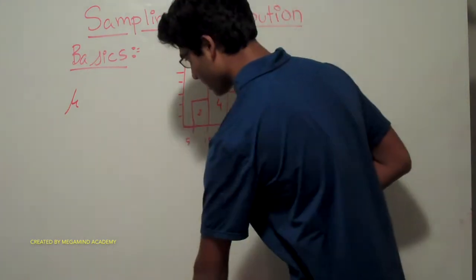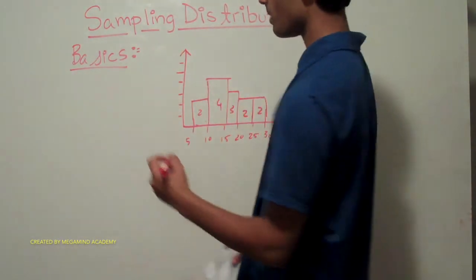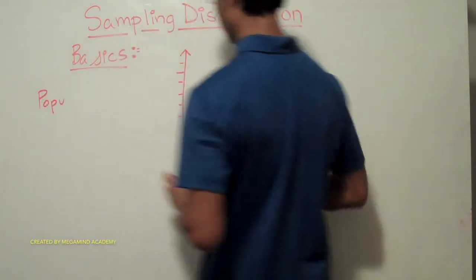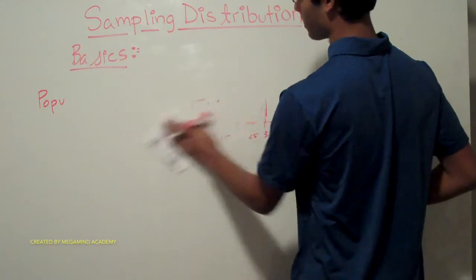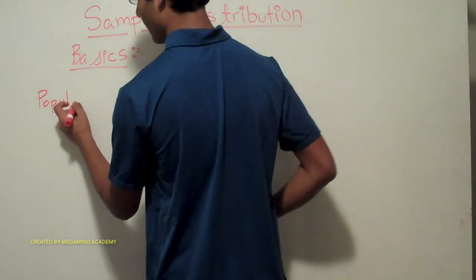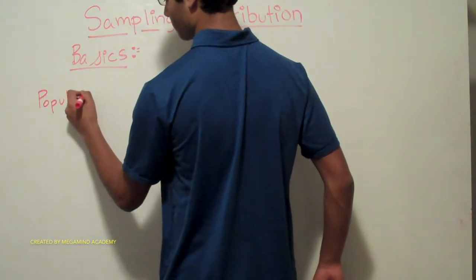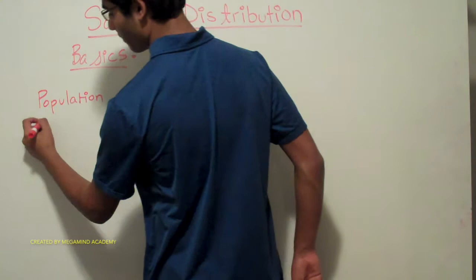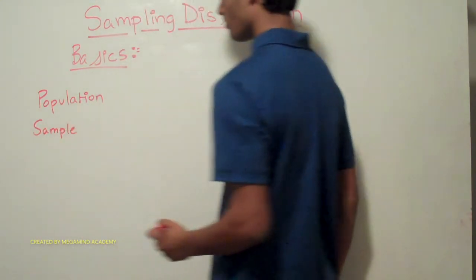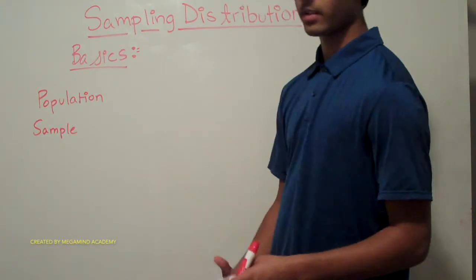Okay, so let's start with the basics. You have your population, which is the entire selection of individuals, and then you have your sample, which is basically the group that you're sampling, or getting your data from.